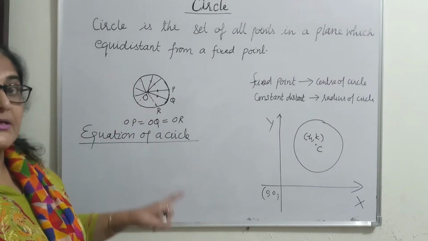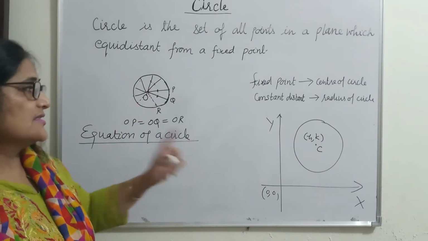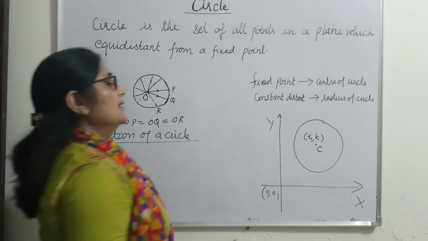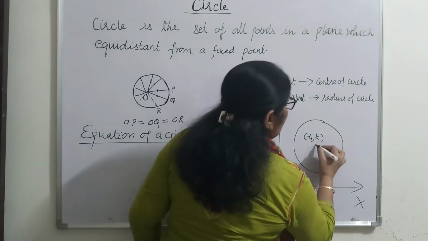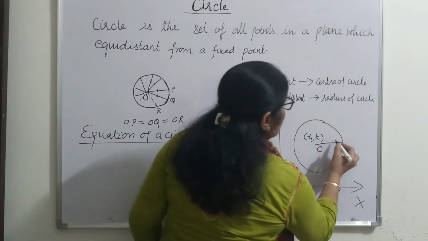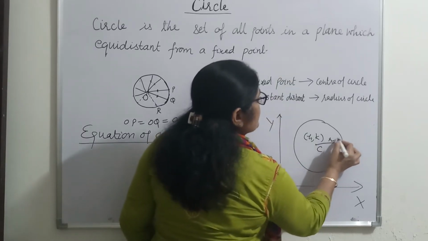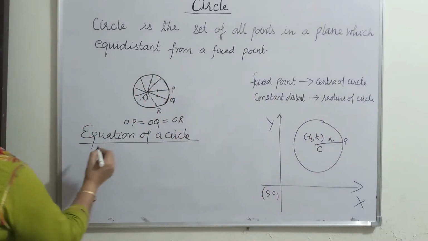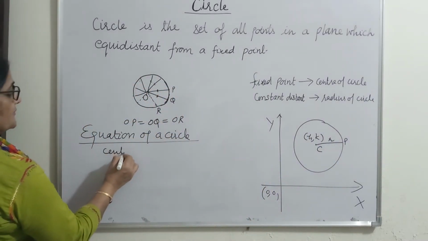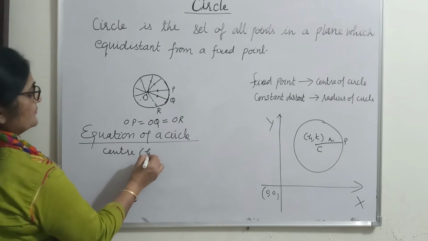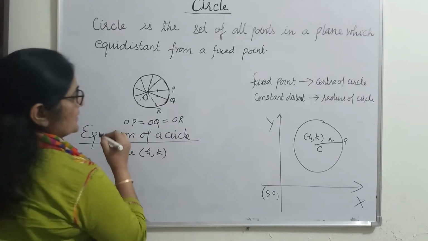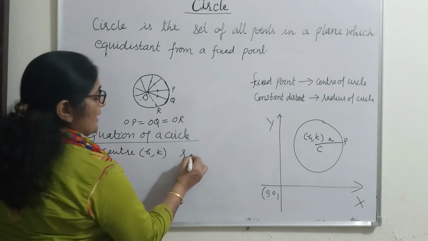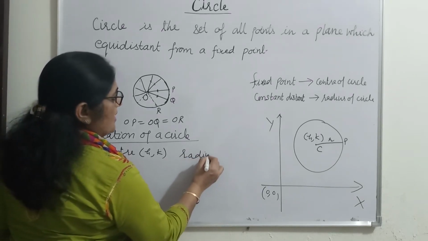Center at C, coordinates of C are (h, k), and let the radius of the circle be r.